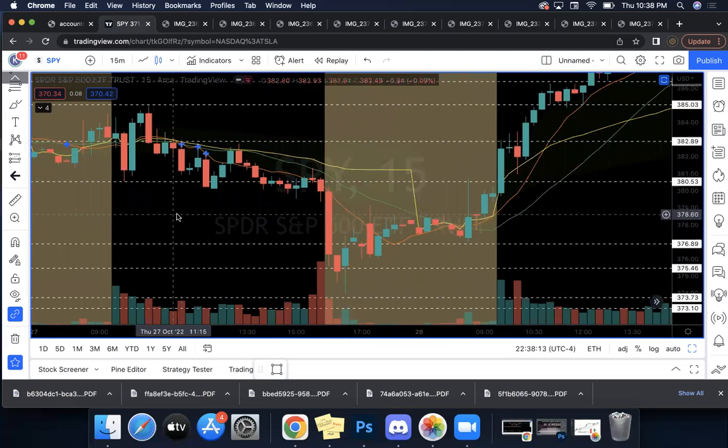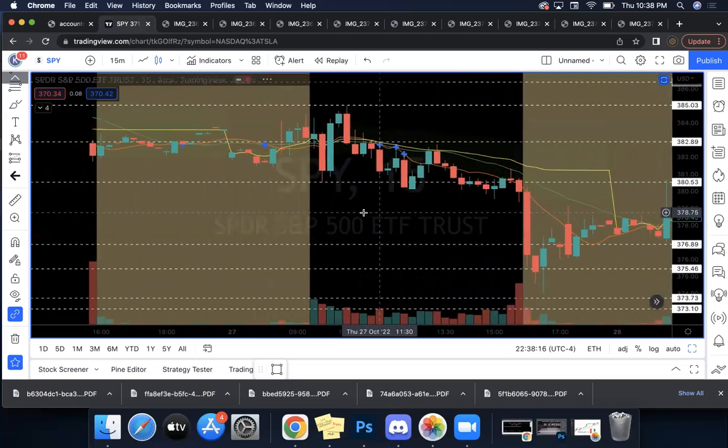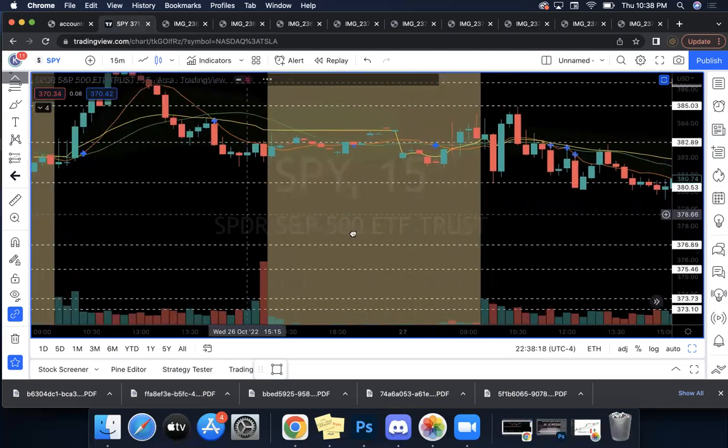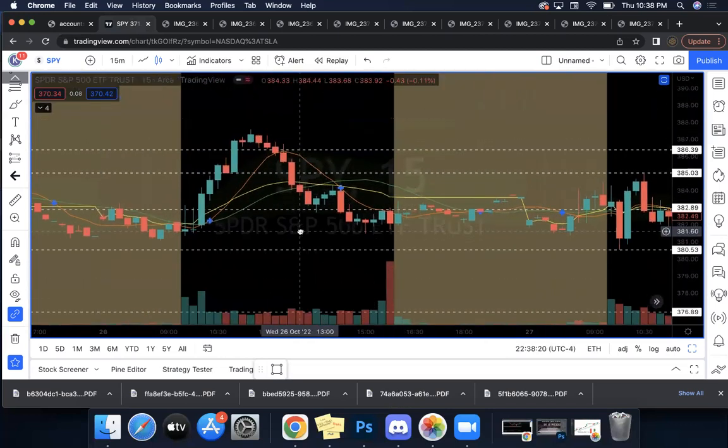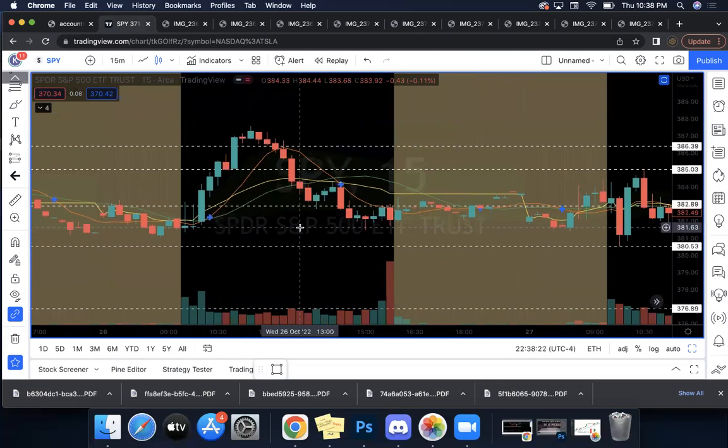I already saw a few morning and evening stars while I was showing you guys the bearish engulfing and bullish engulfing. Like this is a bullish engulfing. See this strong candle overlapping this one.